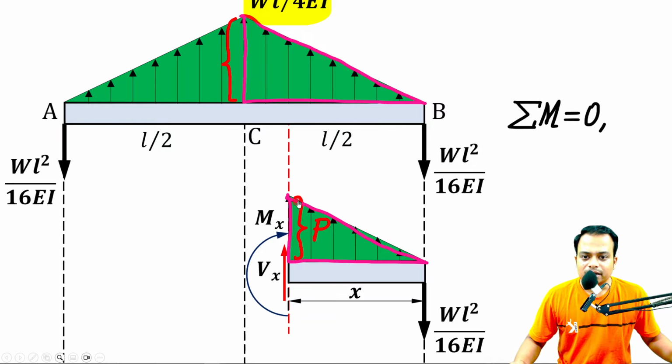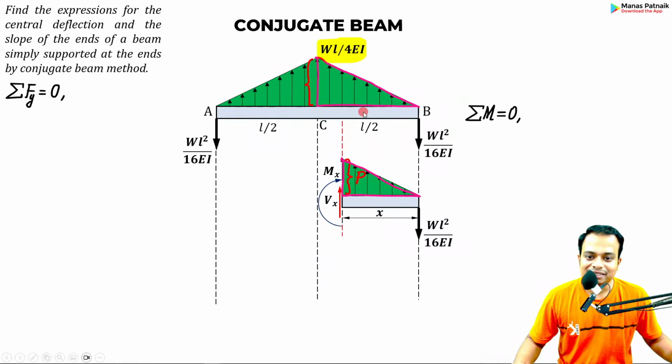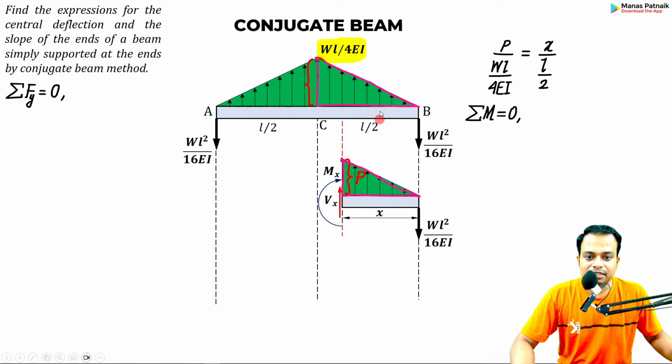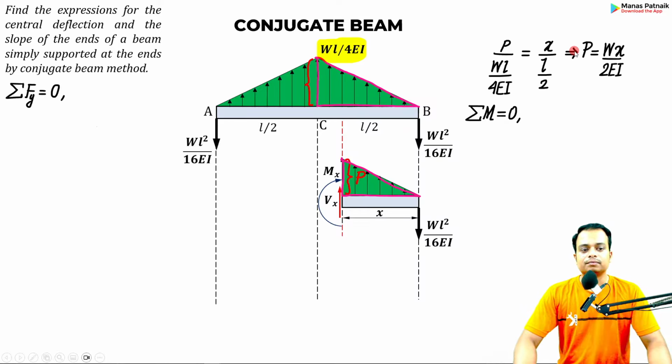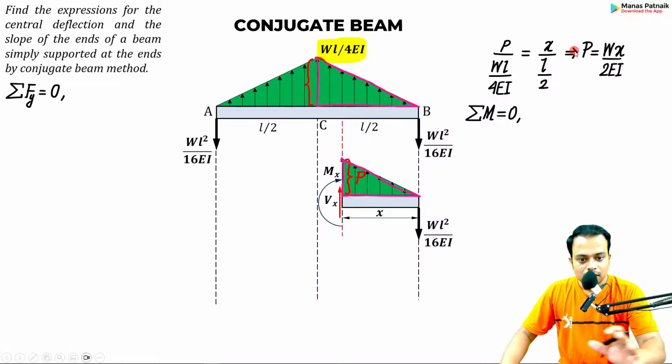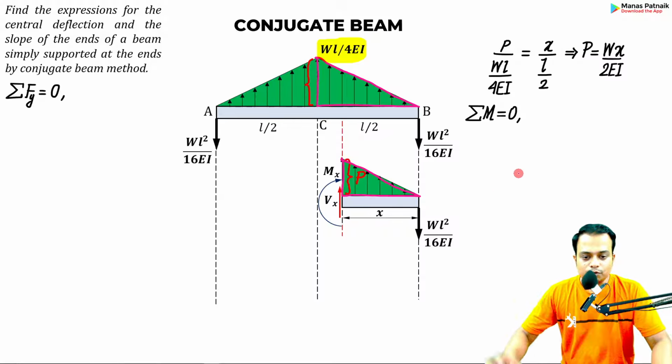Perpendicular upon perpendicular is equal to base upon base, and that is the logic which we'll be using. So WL upon 4EI divided by P, or you can also say P divided by this much, and x divided by L by 2. Just try to solve this. You're going to get P in terms of x. This is what we wanted. Done. No problem. So you've got P.